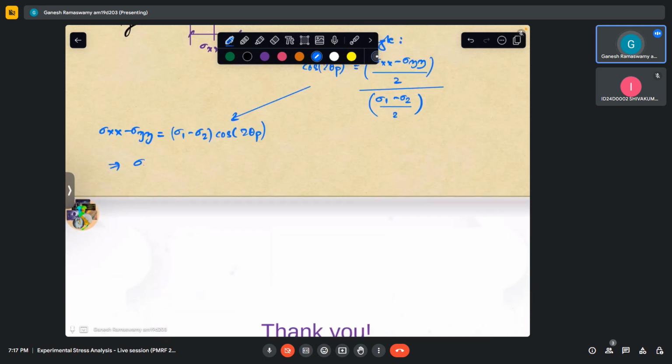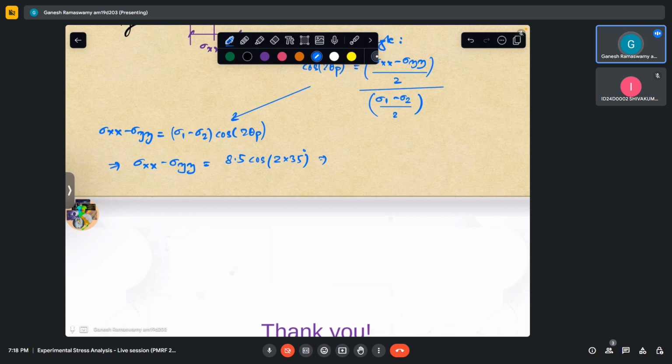So sigma xx minus sigma yy is 8.5 cos of 2 into 35 degrees, so cos 70 degrees.